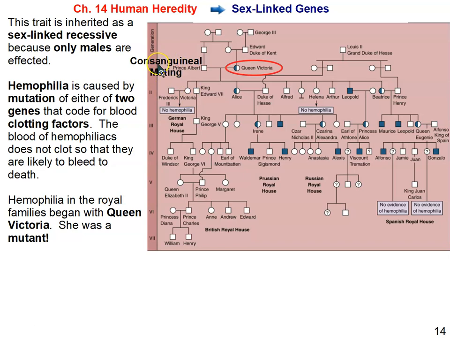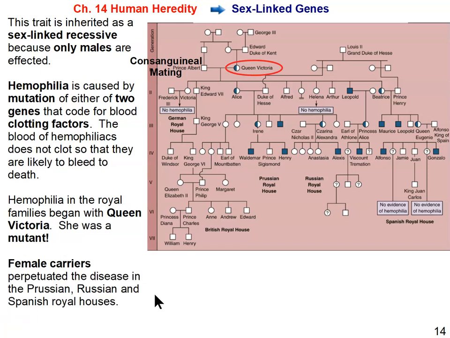And really the only problem with consanguinal mating is an increase in the incidence of homozygous recessive individuals in offspring. It's more likely that two related individuals are both going to be carriers of recessive alleles, and therefore their offspring are more likely to be homozygous recessive and show those recessive traits, which are often, but not always, undesirable. So we'll leave it at that.